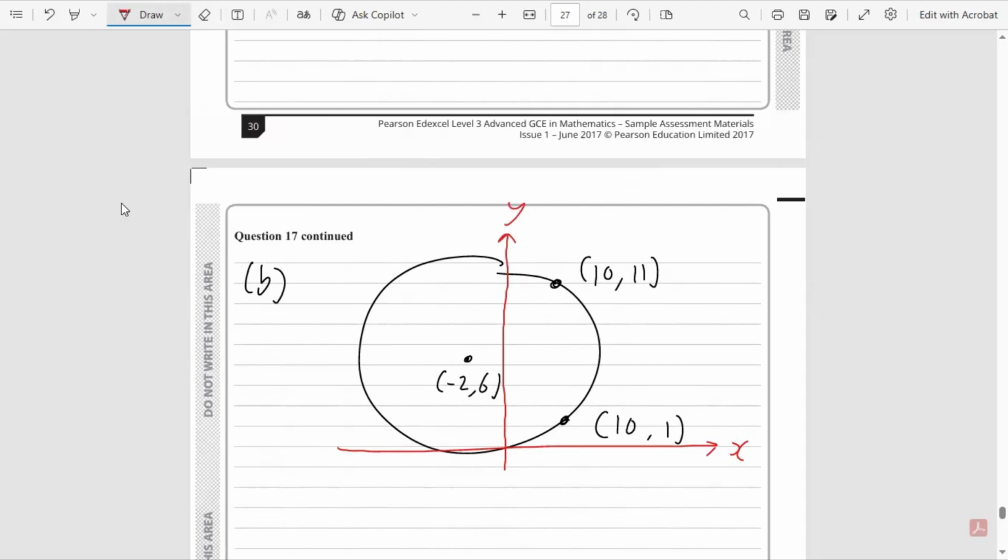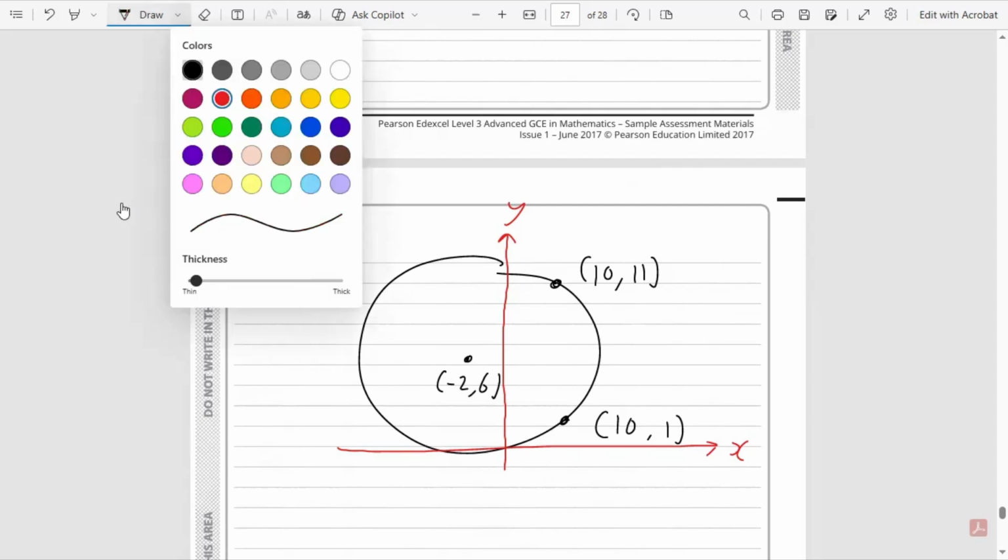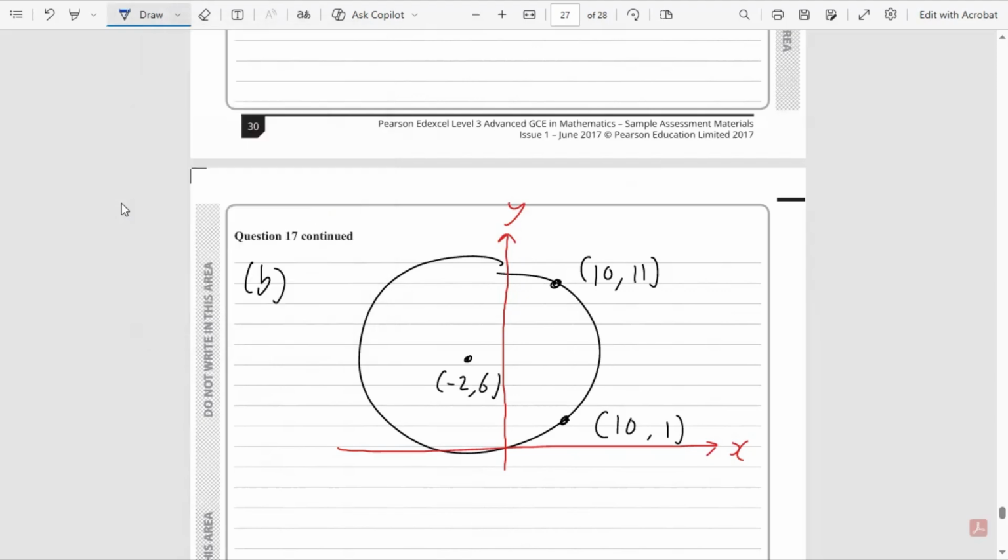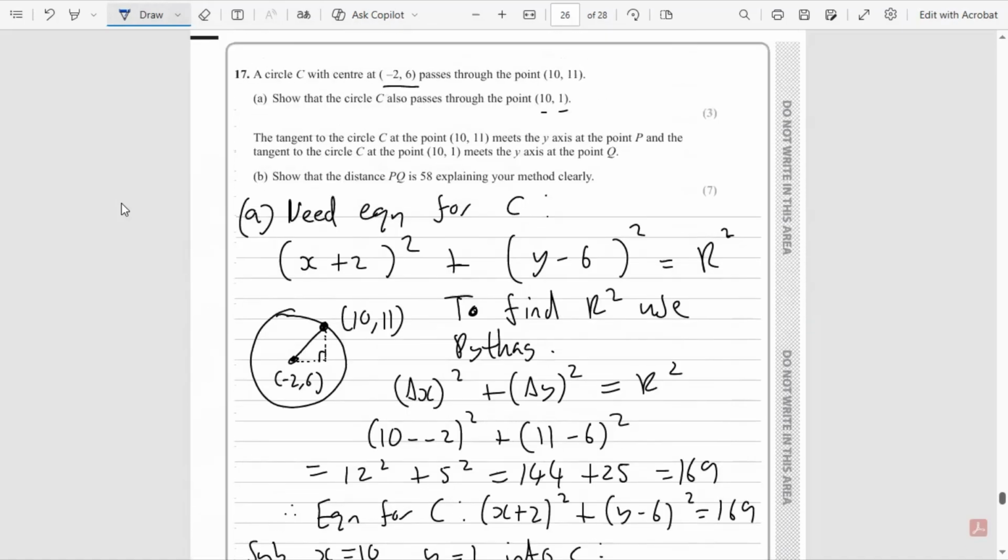So you've got two tangents, okay? We had tangents at both of those points, (10, 1) and (10, 11). Let's do this in blue. You've got a tangent there, and then another tangent kind of there. If we scroll back up, what did they say the points were?